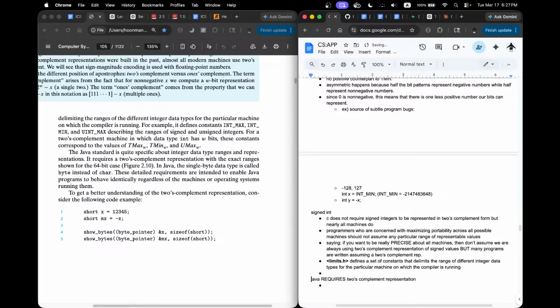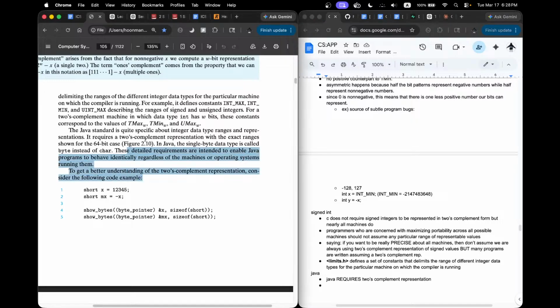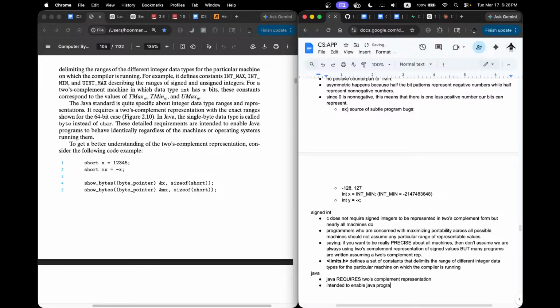Interesting. I want to learn Java actually. In Java, the single byte data type is called byte instead of char. These detailed requirements are intended to enable Java programs to behave identically regardless of the machines or OS running them.